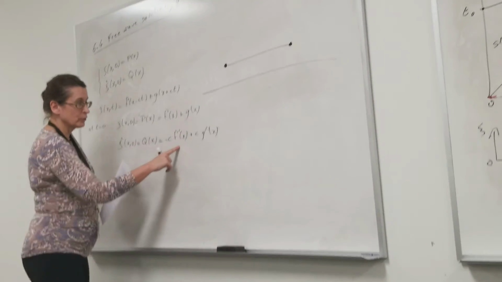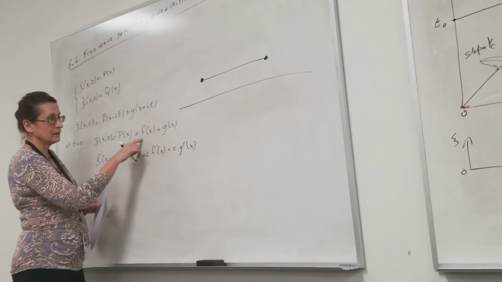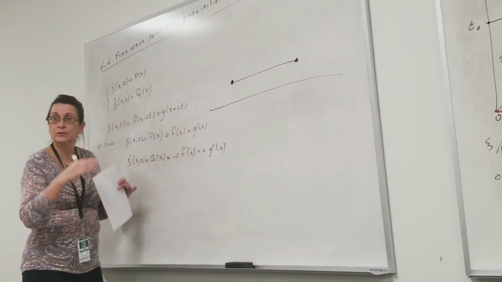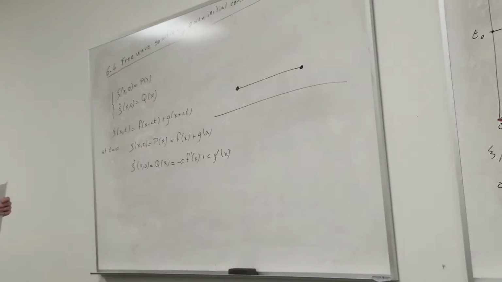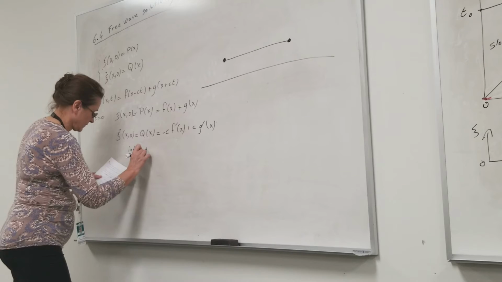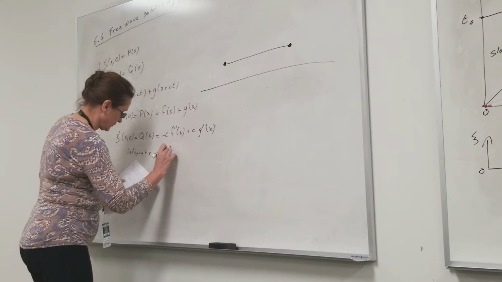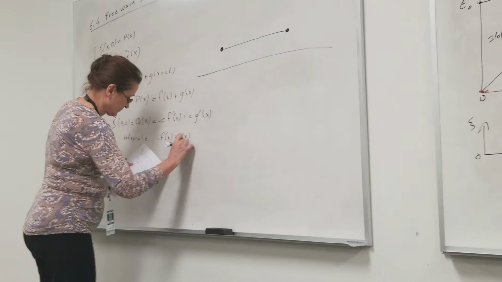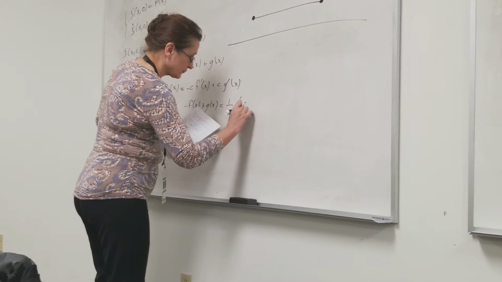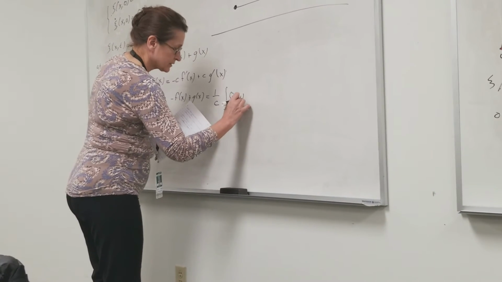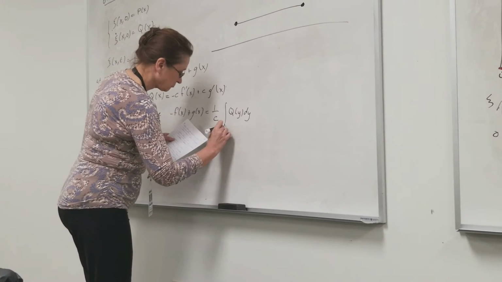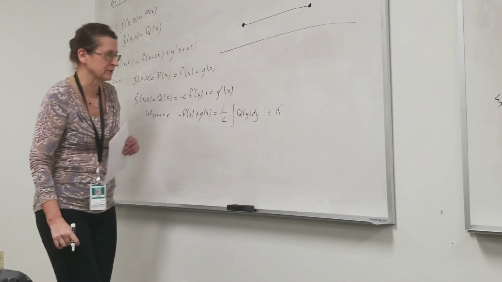So the second one, we're going to integrate it so that we get a sum of f plus g, and then we'll have g minus f, so that when we add up, we can solve for both f and g. So we integrate, and we get minus f of x plus g of x is equal to 1 over c times the integral of q of y, and we'll put some variable y in there because it's varying, plus a constant of integration.